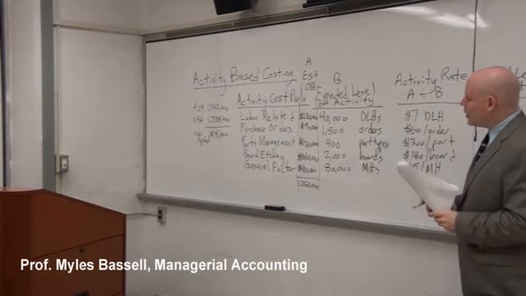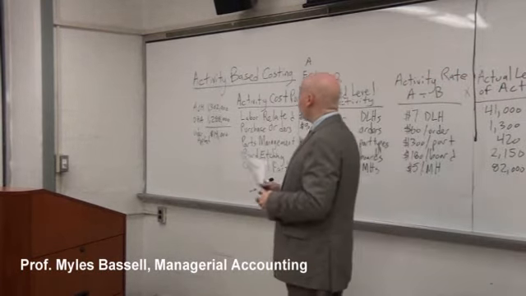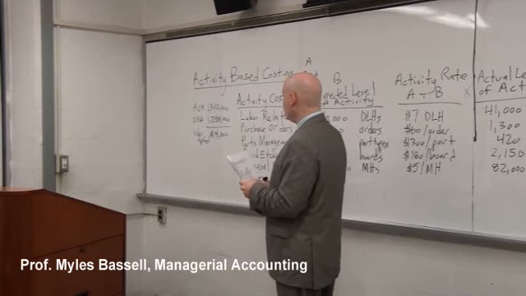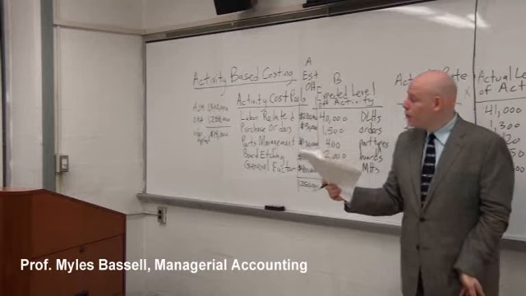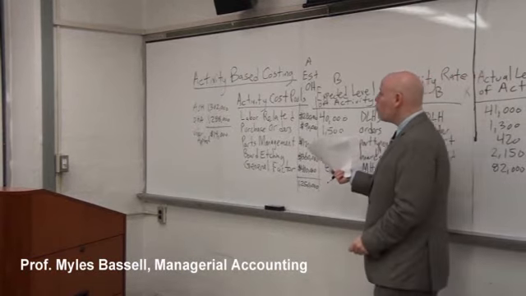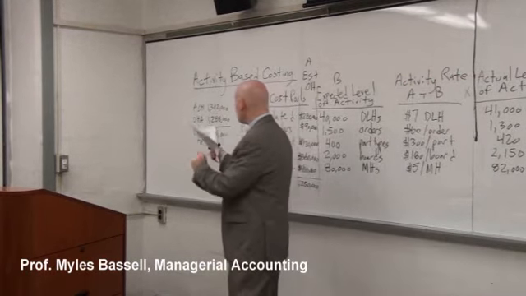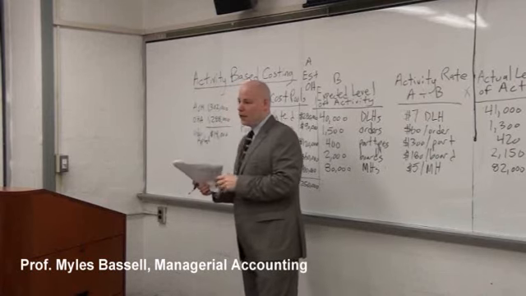Okay, so what that means is that we applied $1,288,000. Good. We applied that overhead. However, the actual overhead was more than that. So we under-applied by $14,000.